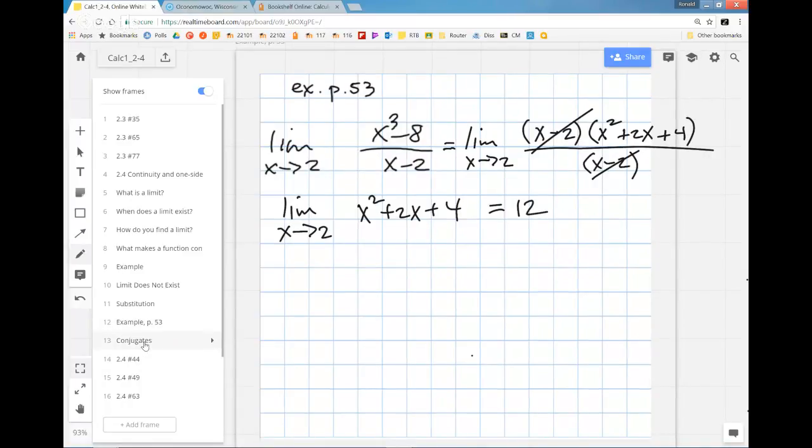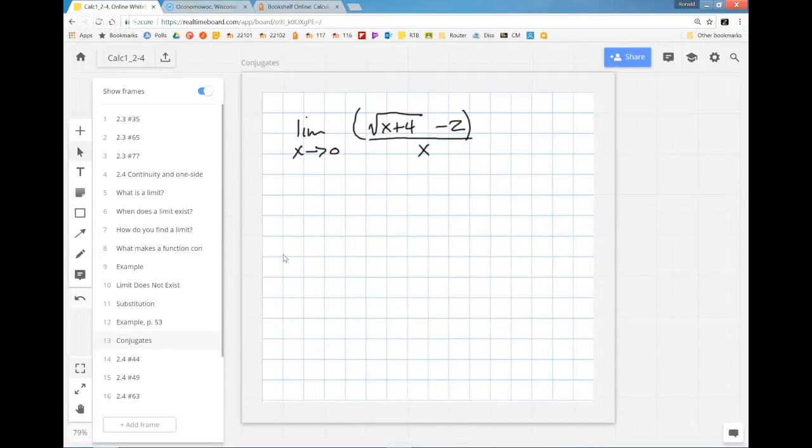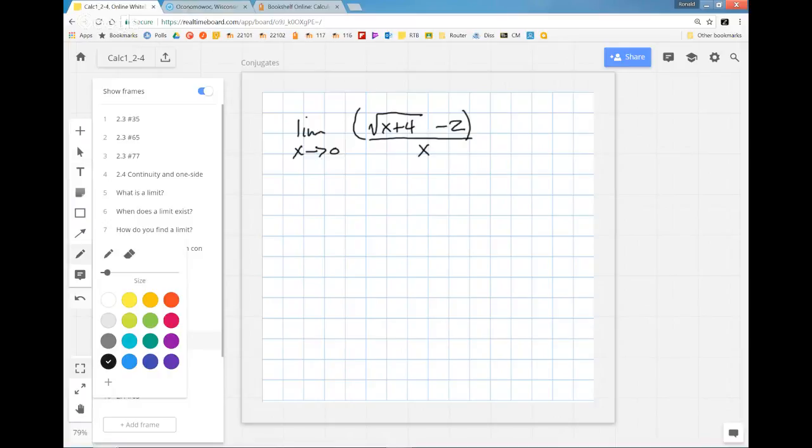And then, of course, we've got the conjugate problem. Let's do another one of those. So you can't substitute because that creates 0 in the denominator. So we have to do something, and we've got to get that x out from underneath that square root, so there's at least a hope of canceling with that x.